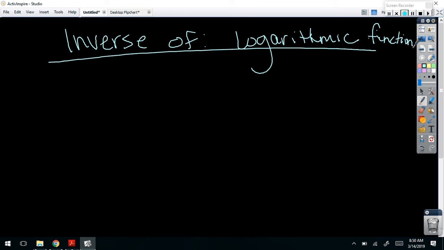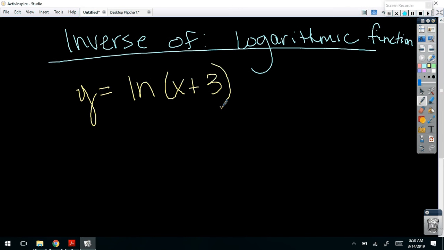Exponential. You're exactly right. All right, so I'm going to start with something that looks like this. My first step is going to be the same. In fact, all the steps are the same. The only difference is I can't isolate an exponential piece. I can isolate a logarithmic piece, right? All right, switch x and y.